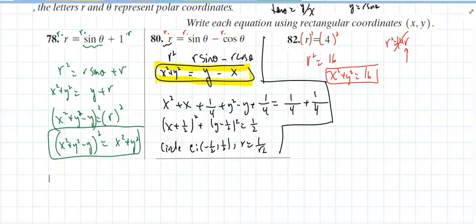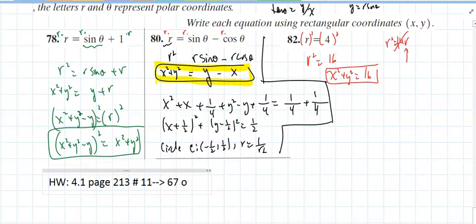So, the homework in this section would be section 4.1 on page 213, numbers 11 through 67 odd, and 69 through 81. You could do every other odd.